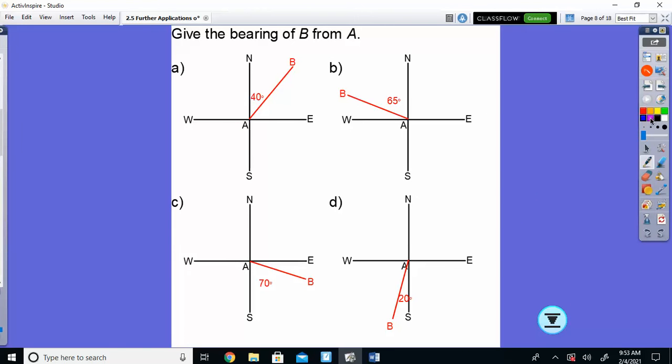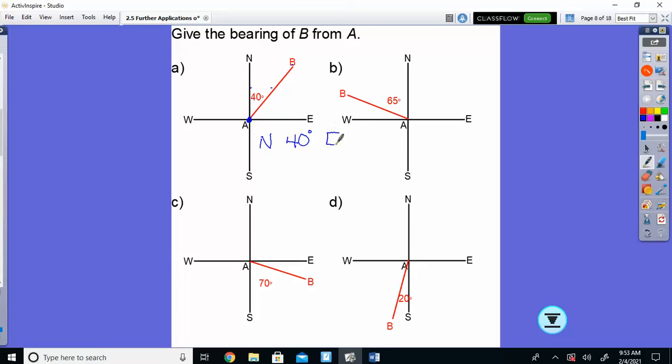So the bearing of B from A, that is the key. For bearing, you have to have your starting point, which is where your north-south line is at. So from A to get to B, we go north. How many degrees from due north? That's my 40 degrees. And then is it east or west?